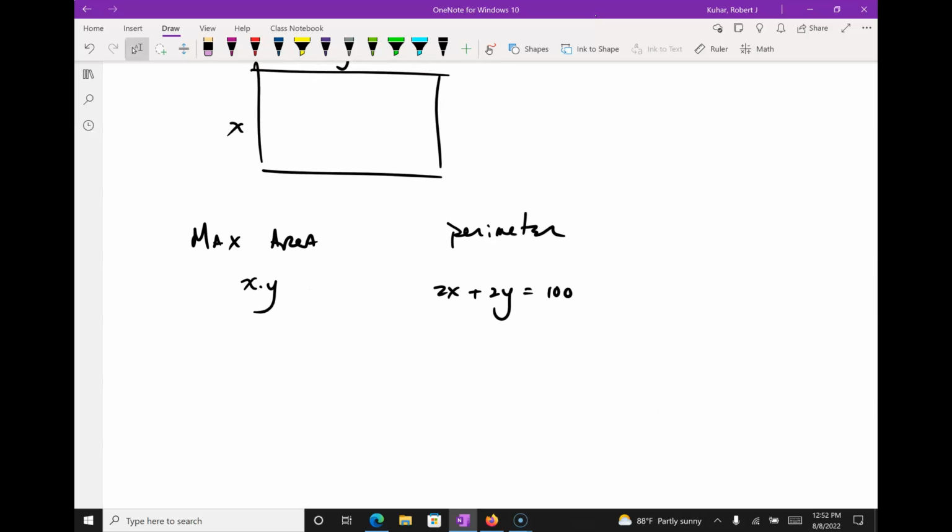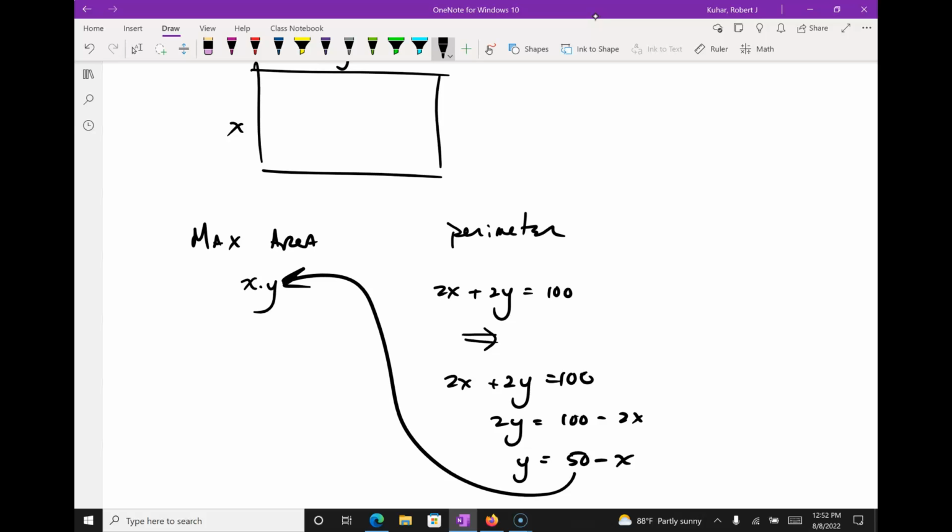So once I have these two things, I can create a single function in a single variable, right? If you notice here, I could solve this for y, right? So I get 2y equals 100 minus 2x, or y equals 50 minus x, and plug that into the expression.